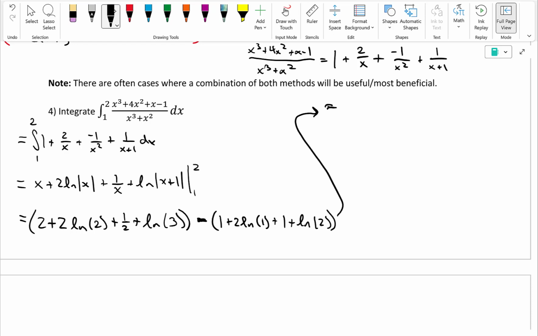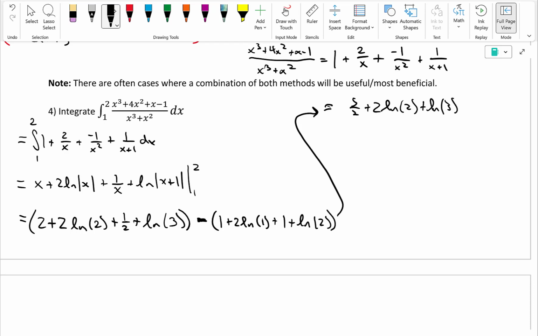All right, we can simplify that. We get a 2 plus 1/2, or 5/2 inside this first one. We maybe don't need the parentheses anymore, but 5/2 plus 2 natural log of 2 plus natural log of 3.